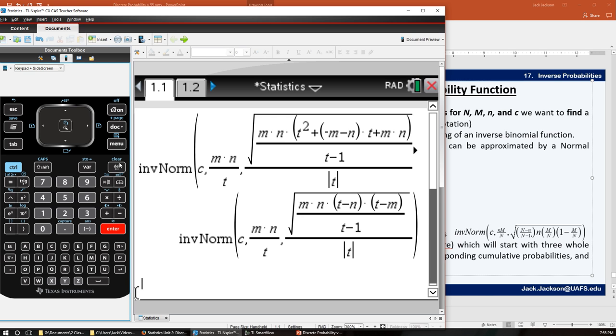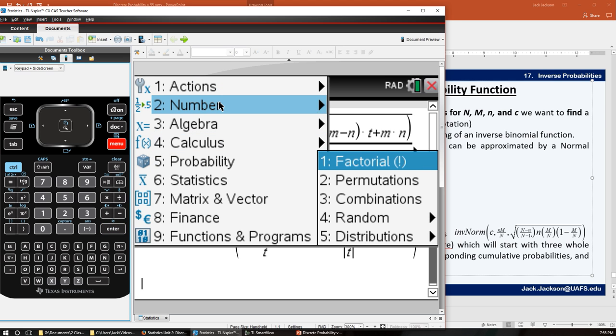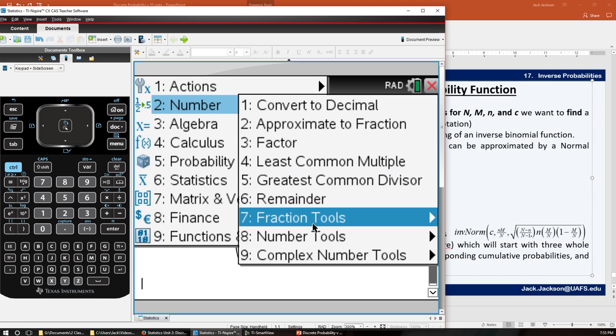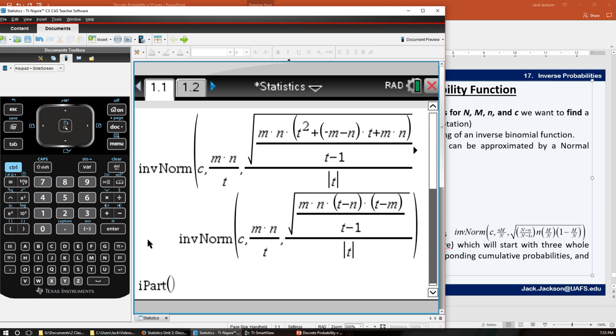Now what I want to do with this is go to number, number tools, and integer part. I want to do the integer part of A, and that'll drop the decimals off, and I want to go down by 1 from that. So this is definitely going to round down. But I don't want it to go down too far. It can't go below 0.